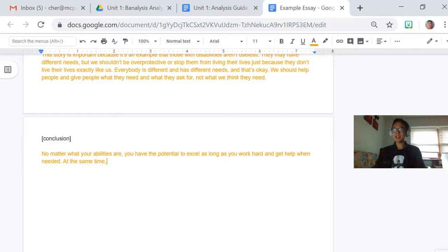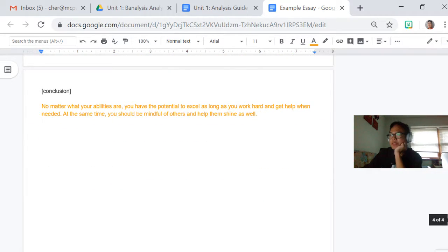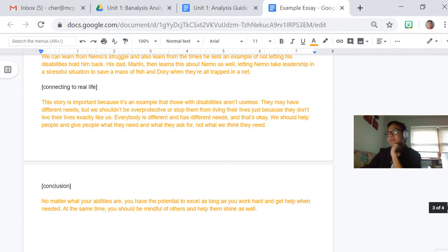At the same time, you should be mindful of others and help them shine as well. All right, how does this read? So no matter what your abilities are, you have the potential to excel as long as you work hard and get help when needed. At the same time, you should be mindful of others and help them shine as well.